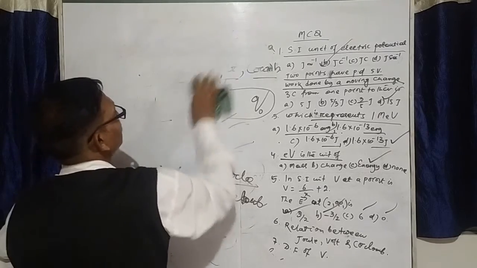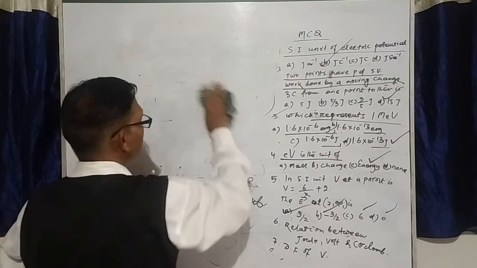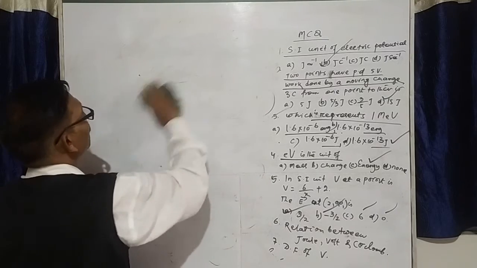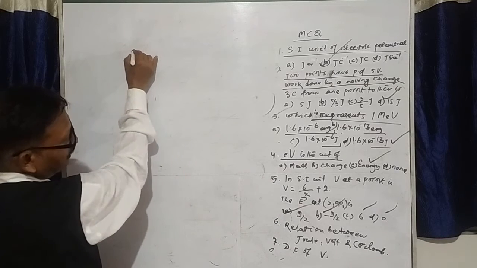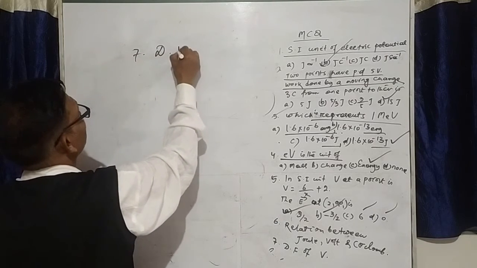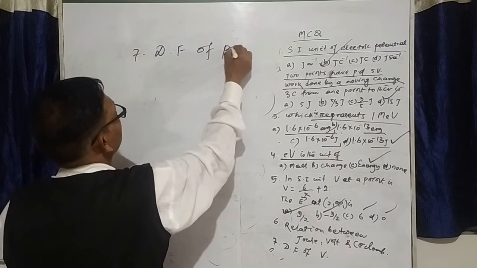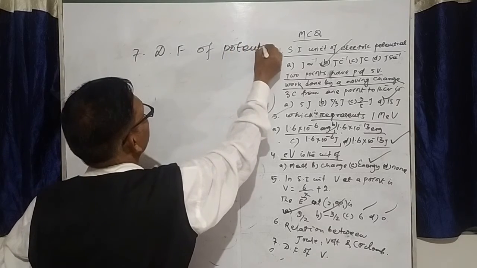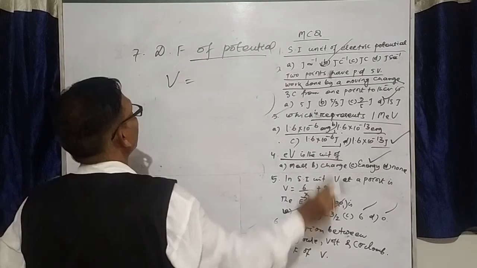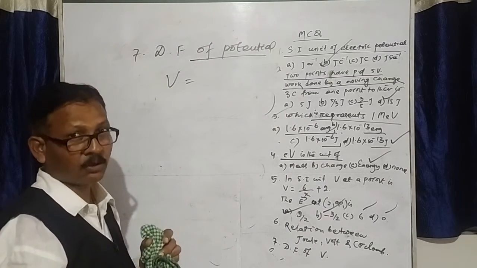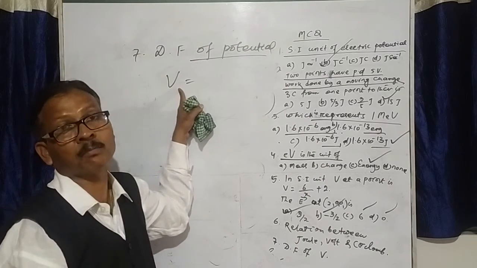Next, number 7: dimensional formula of potential. You see, for dimensional formula or SI unit or CGS unit, you have to know the formula first.